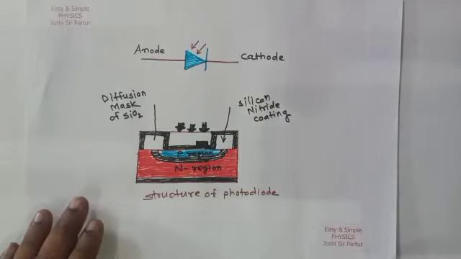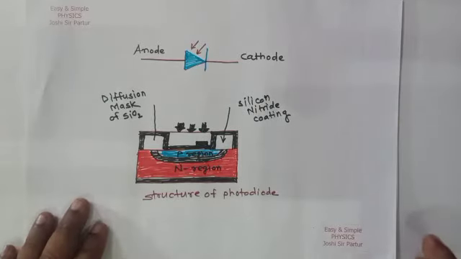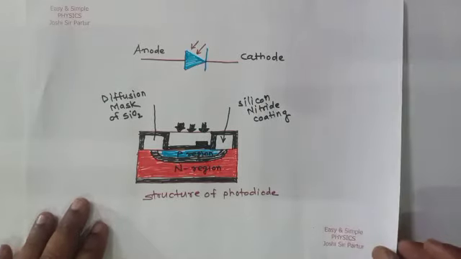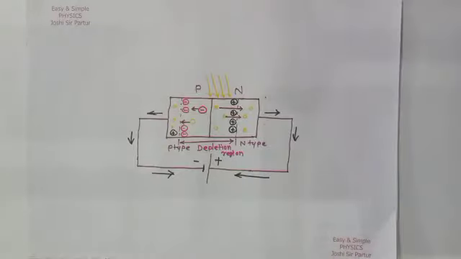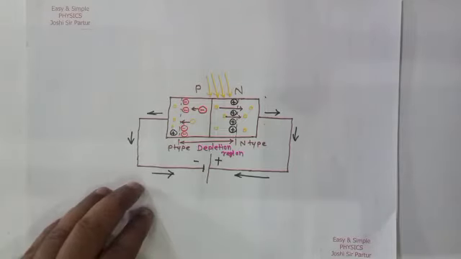When the PN junction of the diode is in reverse bias, a reverse saturation current flows through the junction. See here, the magnitude of current is constant for a certain range of reverse bias voltage.